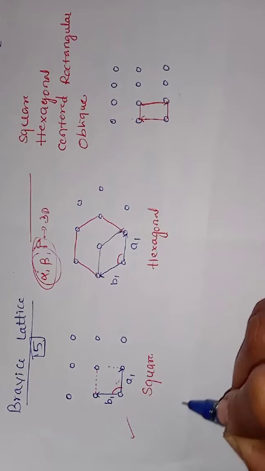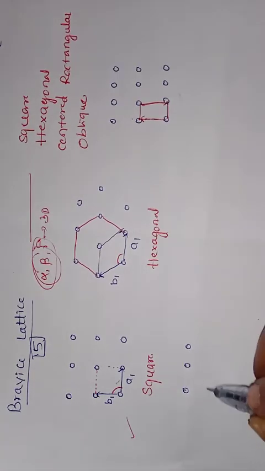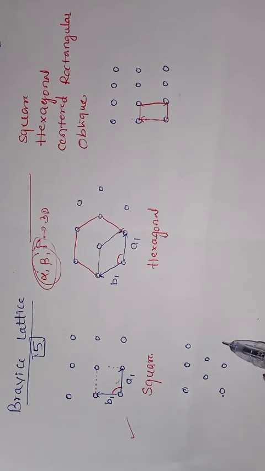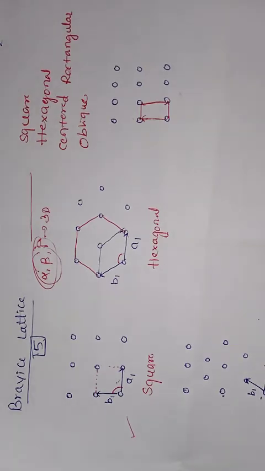Then one more we'll draw like this. That is the oblique one. Again we take the A1 and B1 vectors, and then we can join here.